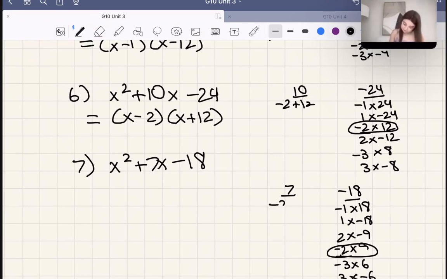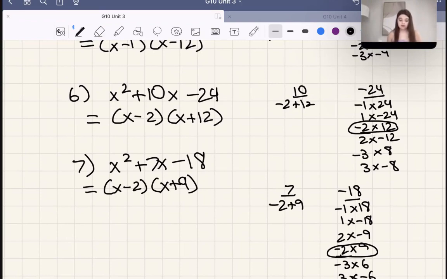Okay, so negative 2 plus 9 is going to be our answer for what adds up to 7, and negative 2 times 9 gives us negative 18. So there we go. Our answer is x minus 2, x plus 9, and there we go.